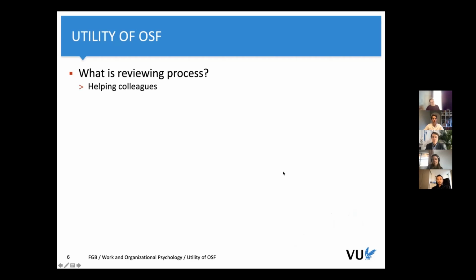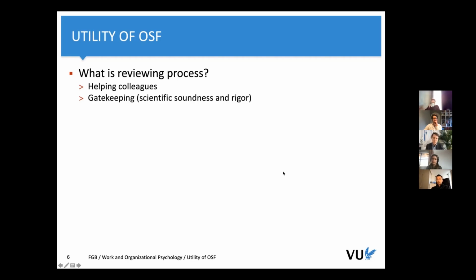I find that the reviewing process is mainly about helping colleagues. My interest as a psychologist focused on self-regulation research is to make sure that we publish only good studies that are based on good quality practices.